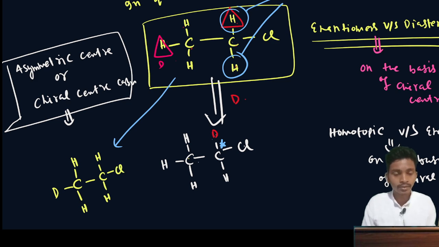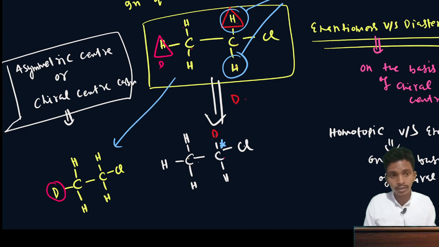Now I am looking at this carbon, not that carbon, because after replacement I still get a chiral center there. So this is enantiotopic, it cannot be homotopic. For homotopic, if we replace one atom with deuterium, we look at whether we get a chiral center at this carbon or not.